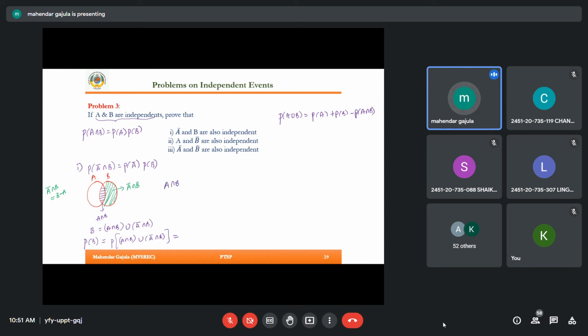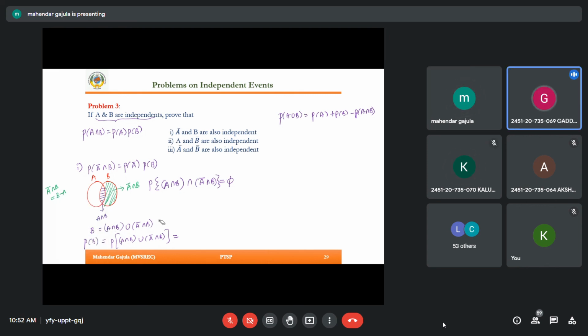Can someone tell me, A intersection B intersection A bar intersection B, what is this? Null set. So what is the probability of this? 0.